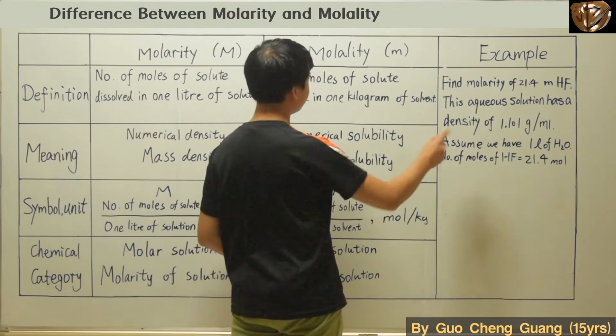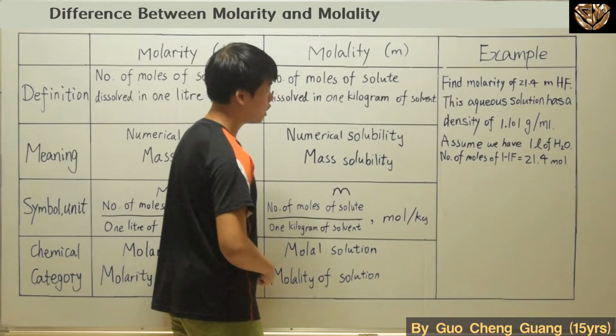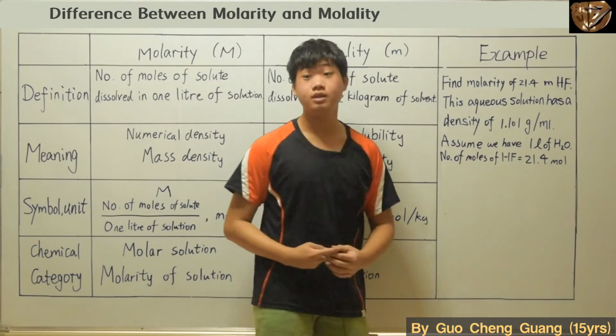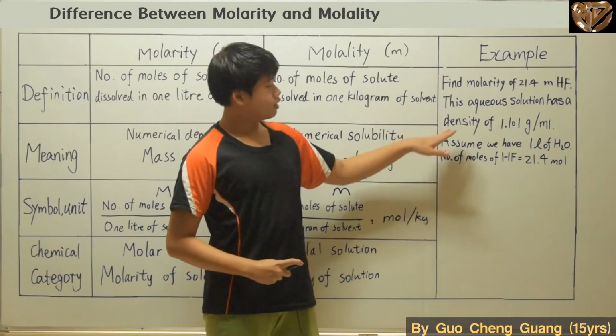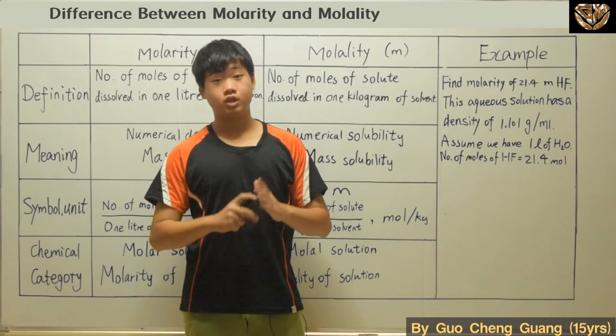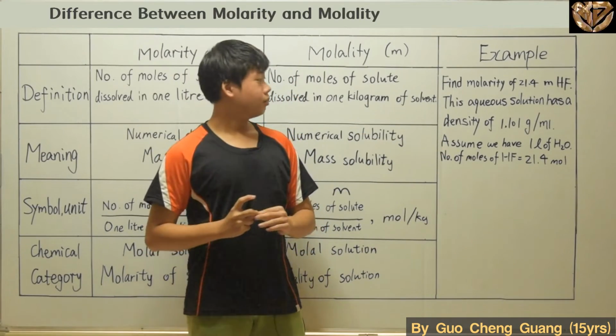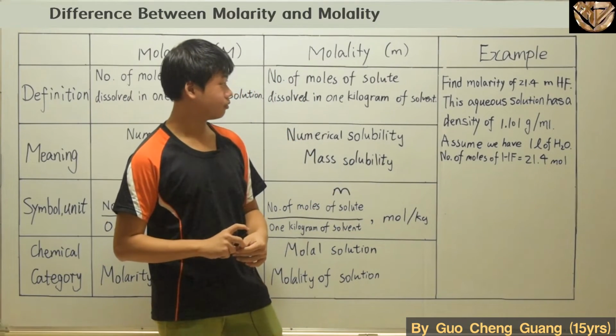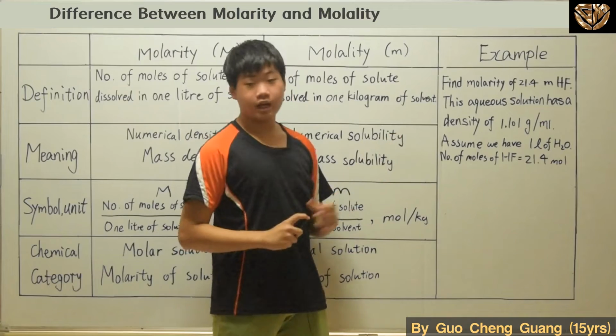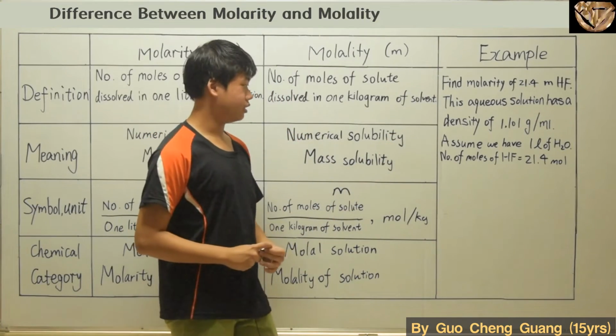Of course, we can take a look at the density. What's so special about this density that we have? This density is of your overall solution, right? But how much solution do we have exactly? If you try to add up, it doesn't seem exactly right.